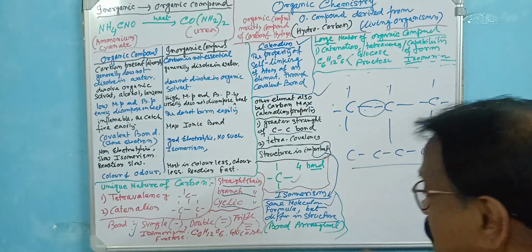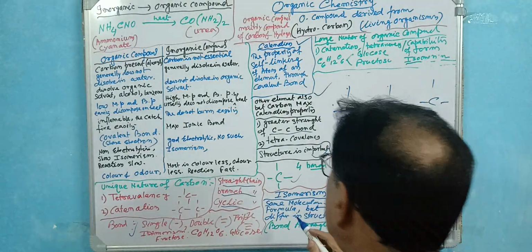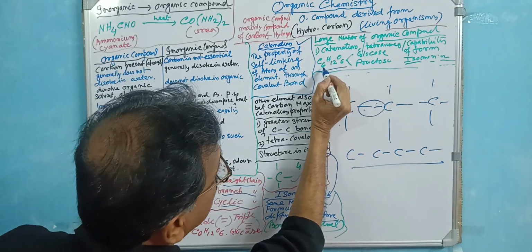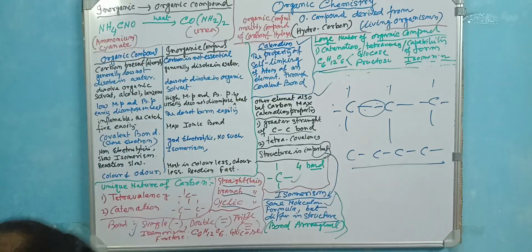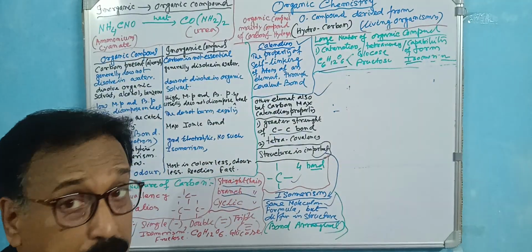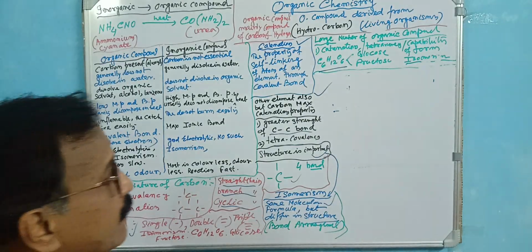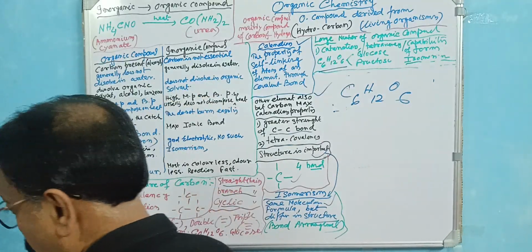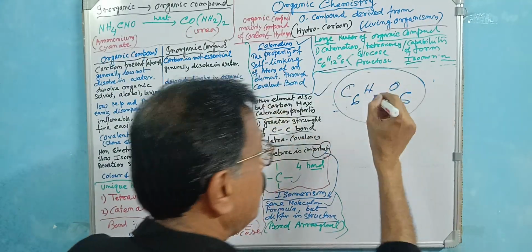And isomerism means the same molecular formula. I just write down here the same molecular formula, C6H12O6. Isomerism is a very important thing. This is the same molecular formula, but you cannot identify what it is.